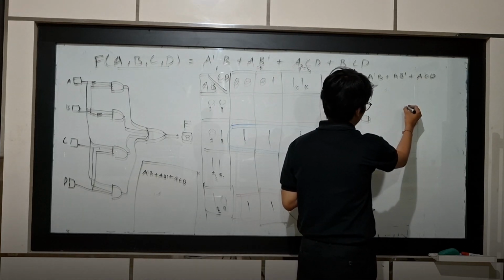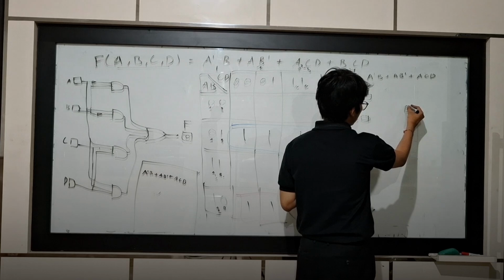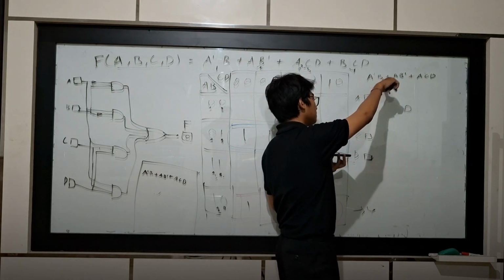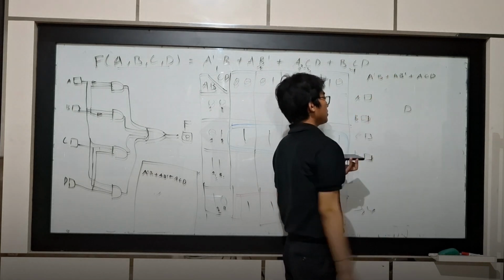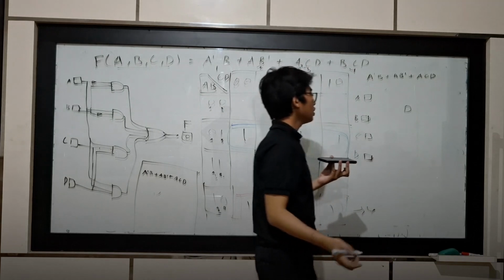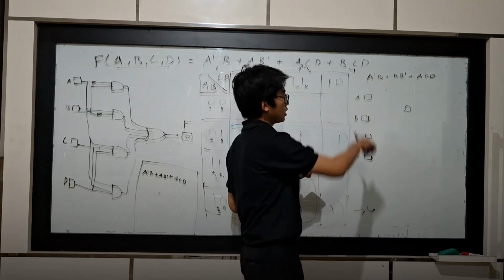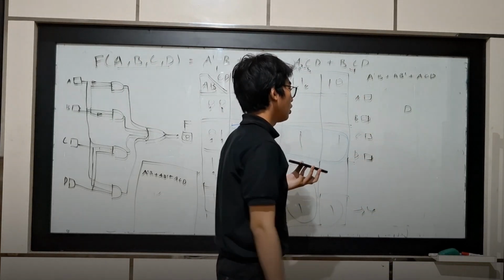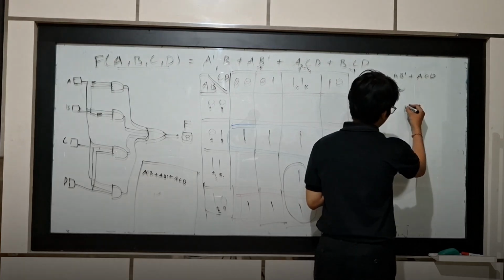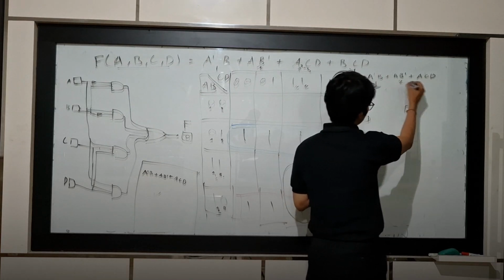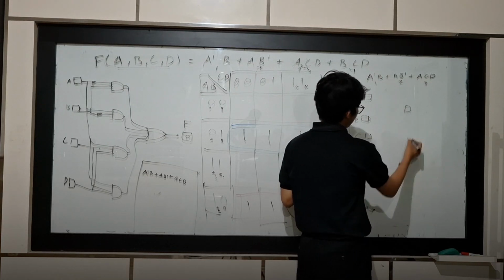So wait, I'm gonna make the AND gate. From this simplified expression, we already know that there are just 3 AND gates: AND gate number 1, AND gate number 2, and AND gate number 3.